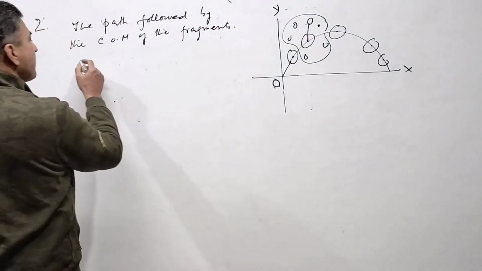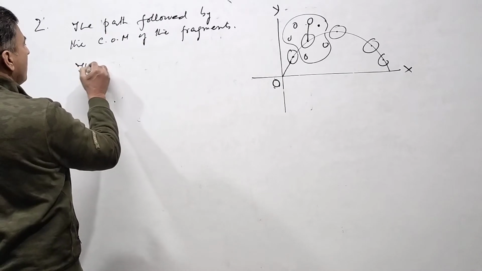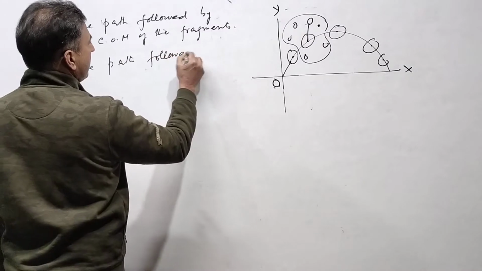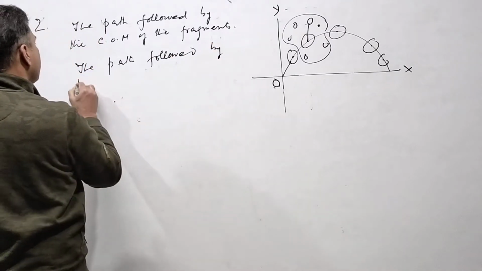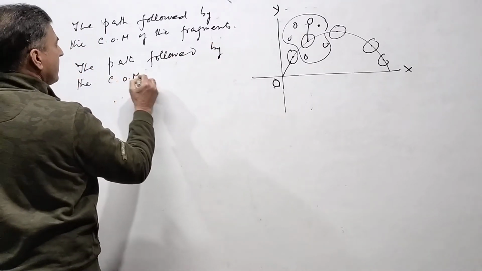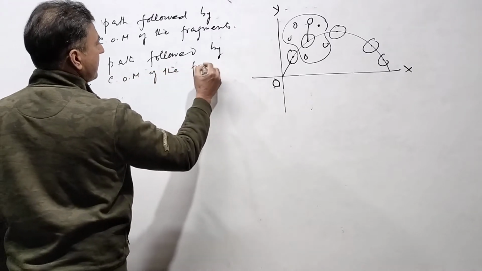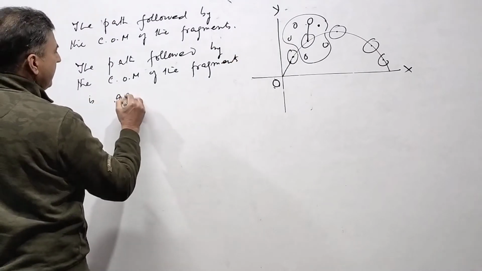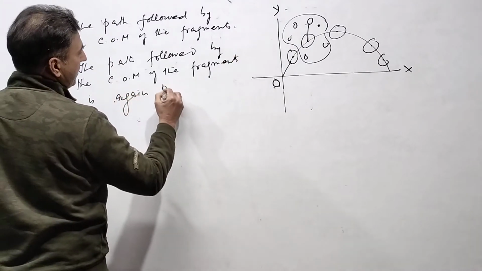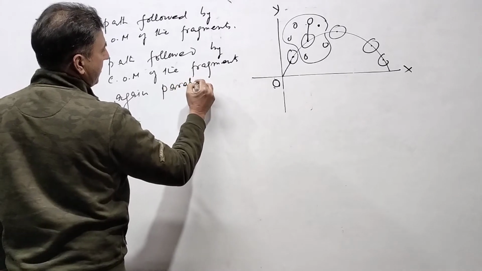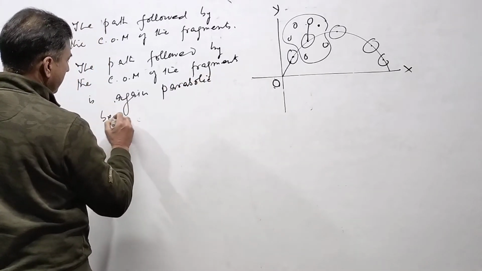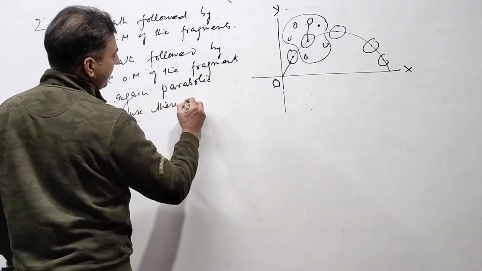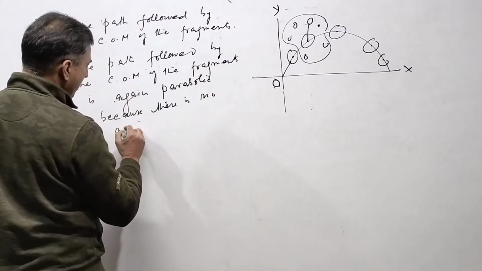So the answer is: the path followed by the center of mass of the fragments is again parabolic, because there is no additional force.